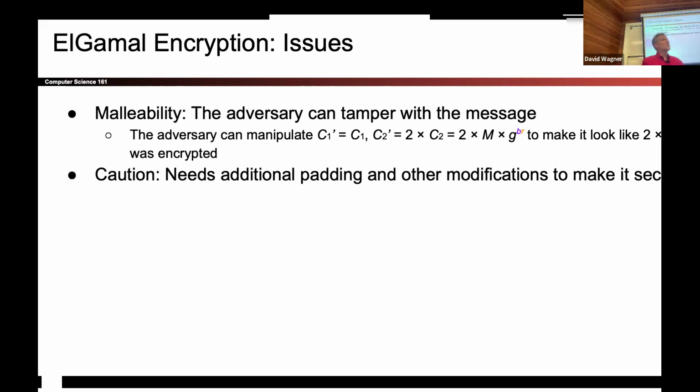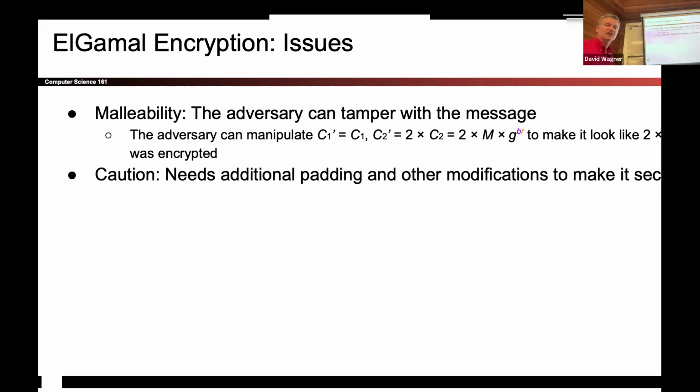What Mallory, an attacker, a man in the middle or an active attacker can do, we've just been discussing this, is replace the ciphertext with some other encryption of some other message. Another thing that Mallory can do is modify the ciphertext and cause a predictable change to the message that Bob receives.